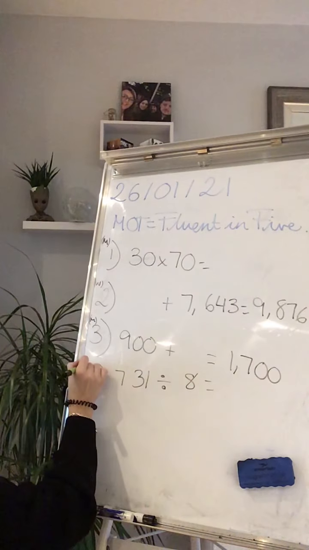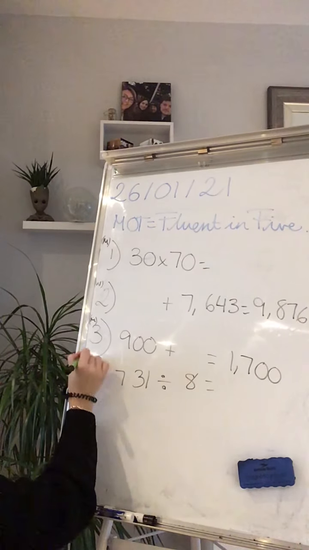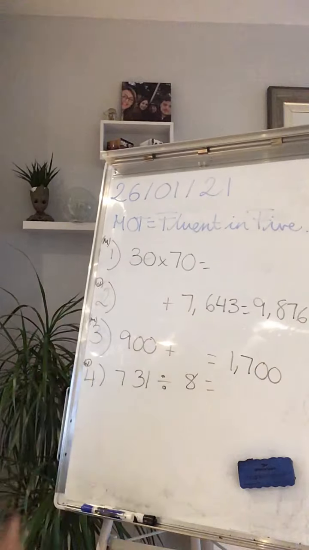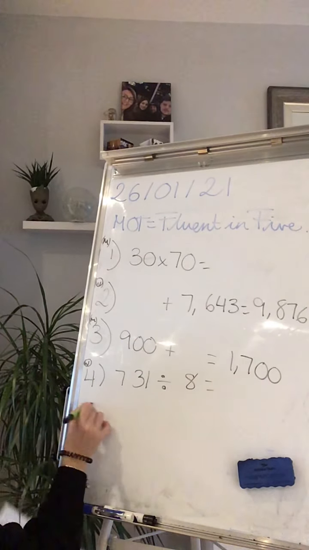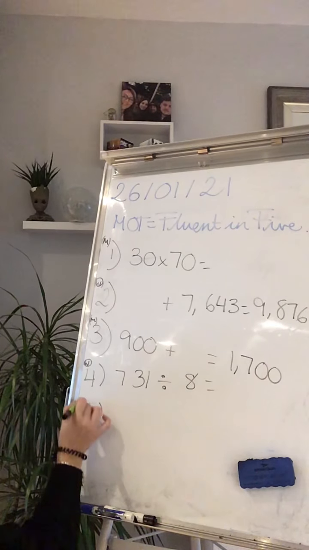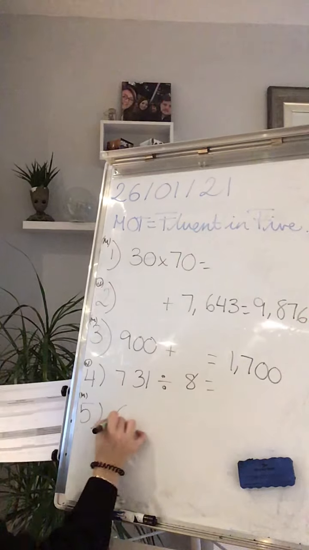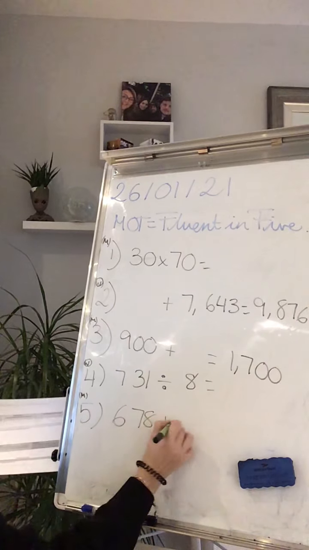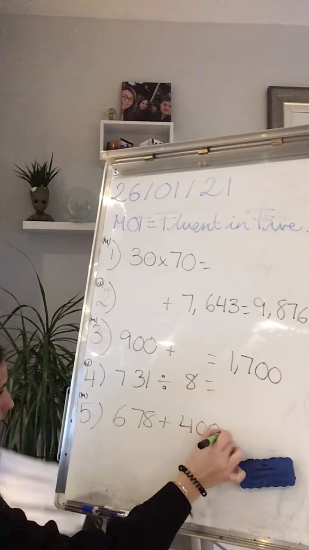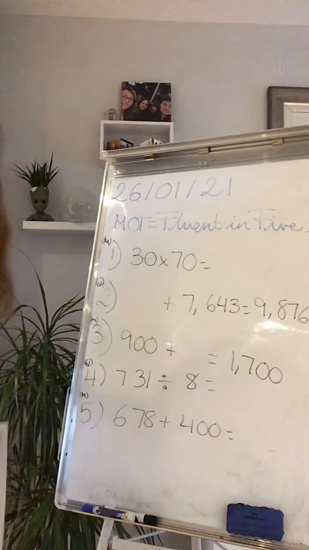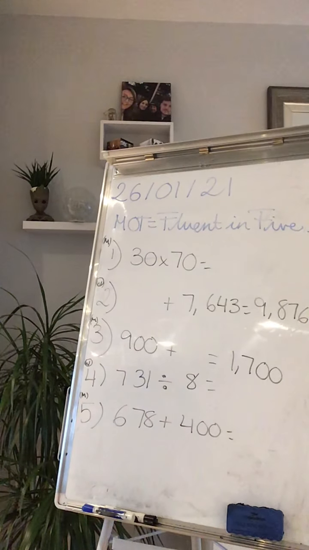This one you will need to do written. Let me just circle the written ones. And your last one, which you can do mentally if you want: 678 add 400. Right, that's your 5 exercises for tomorrow.